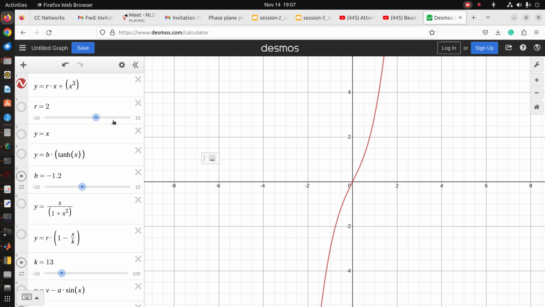So this is stable, this is unstable, this is also unstable. Now after R equal to 0, there is no stability, it is completely unstable. So it went from stable to unstable, and there are no further fixed points for the system; it is completely unstable throughout for R greater than 0.